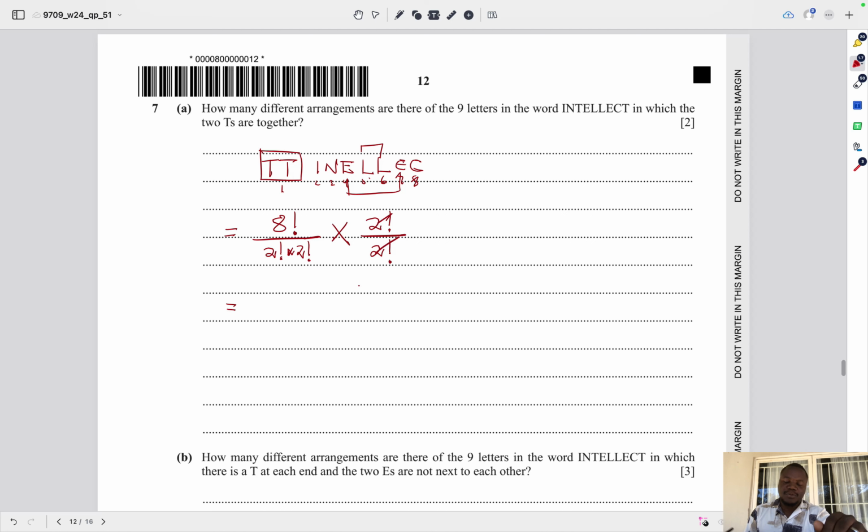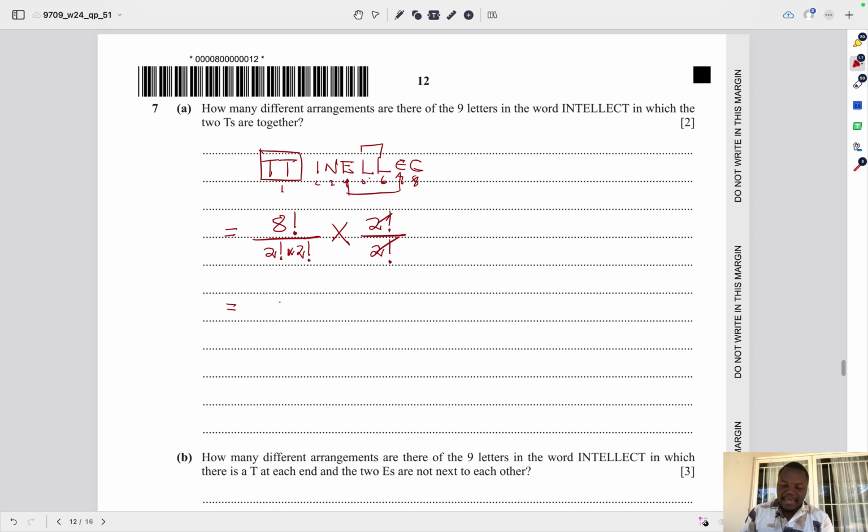And then all we need to do now is to find 8 factorial divided by 2 factorial times 2 factorial. So you just go on your calculator there, shift, you find your factorial, and then you work out the answer. So 8 factorial over 2 factorial times 2 factorial. Okay.